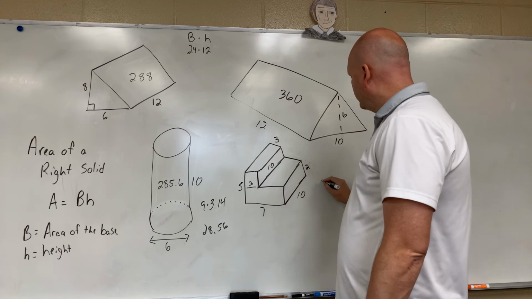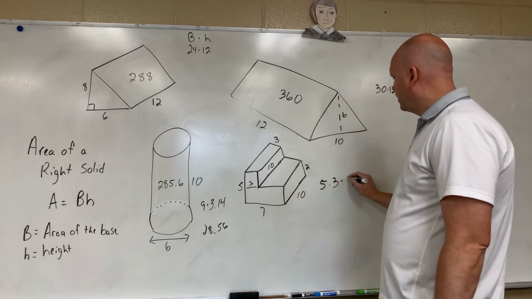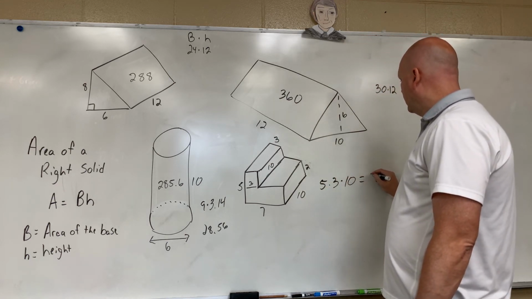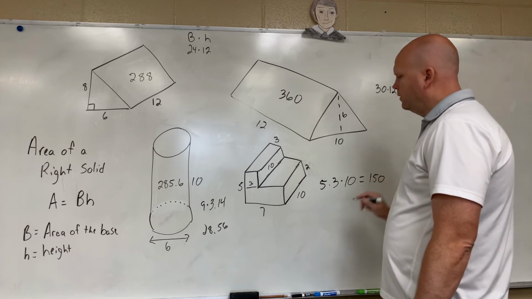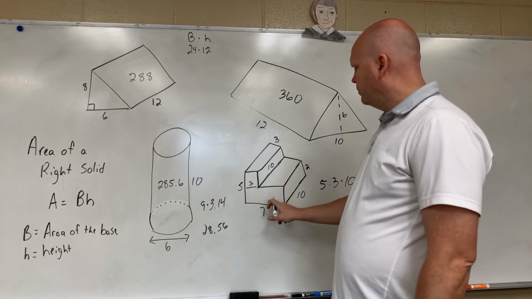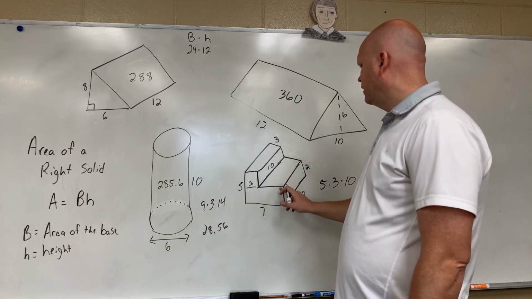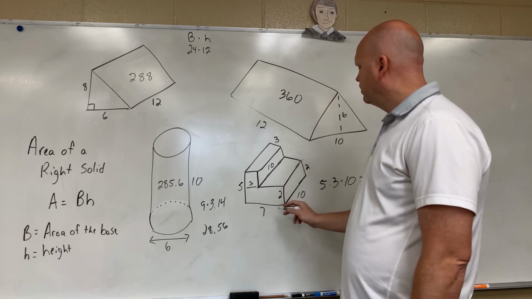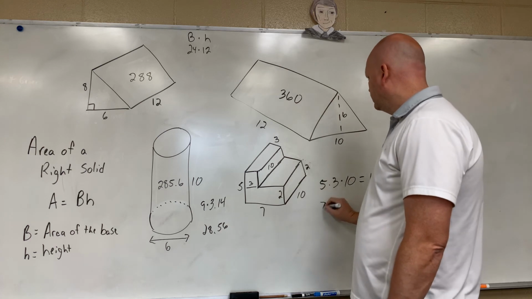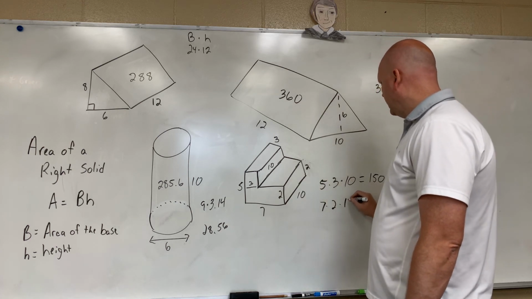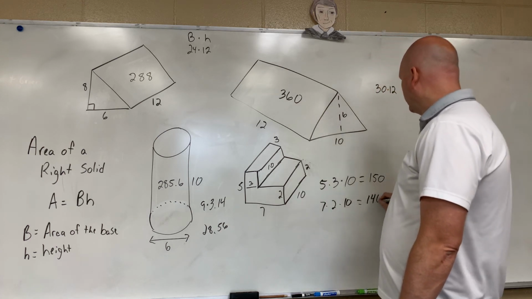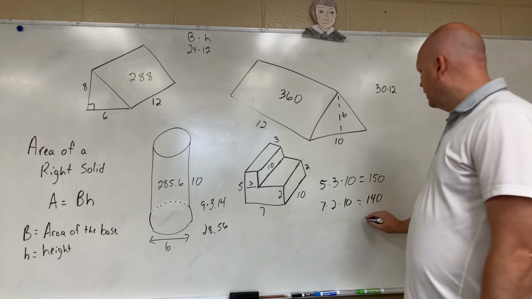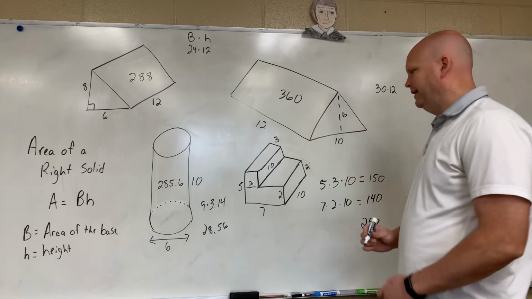So 5 times 3 times 10, which is 150. Then we do the same thing for the bottom. The base would be 7 times 2, because the height of each one of these is 2. 7 times 2, which is 14, times 10 again, is 140. And then we would add those two together and get 290.